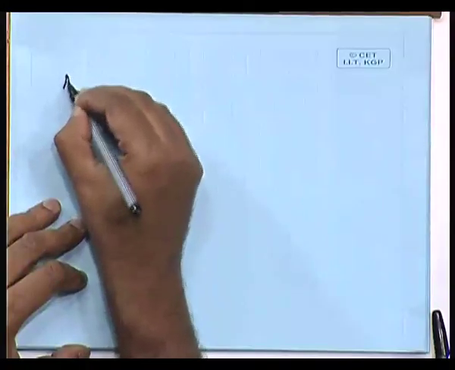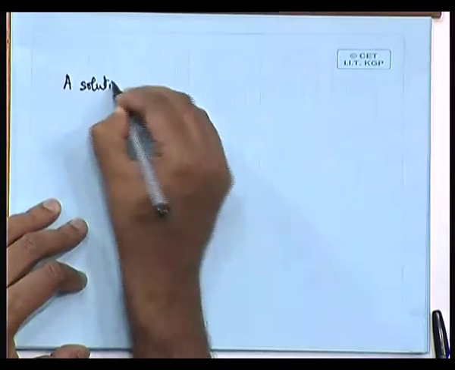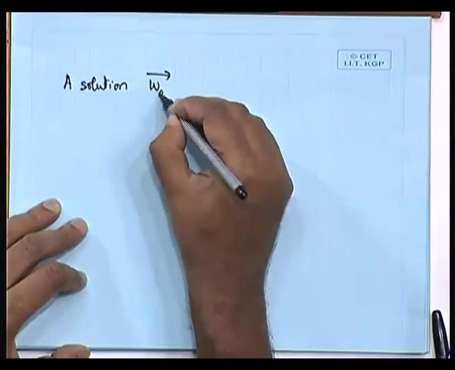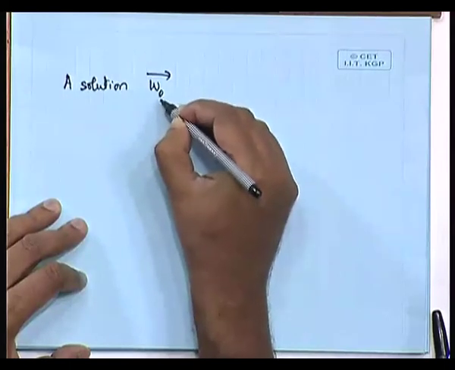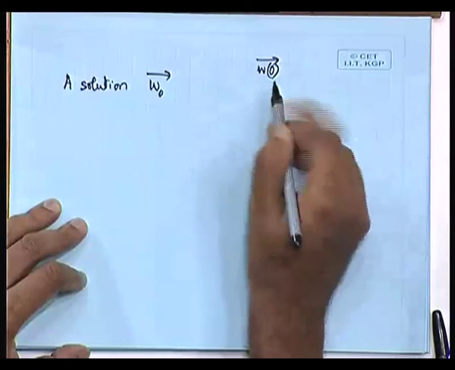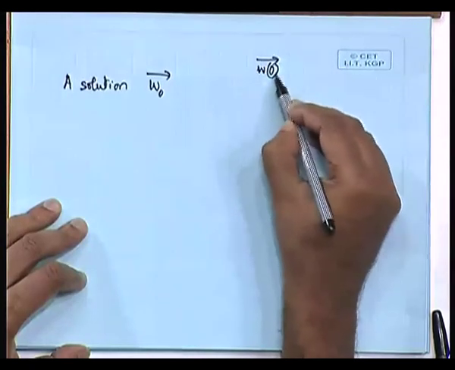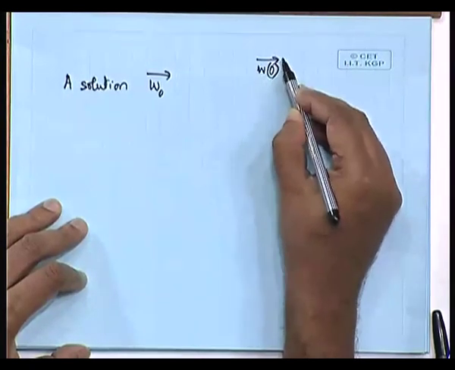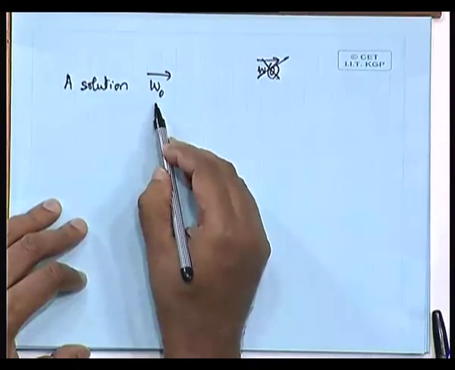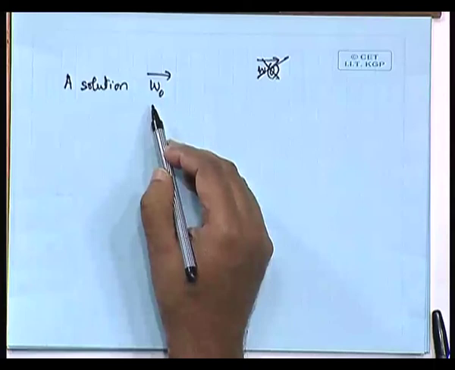So, a solution W0 exists. Here, mind you, I have put W as a suffix 0, so it is different from W0, the weight at iteration 0. Let us not make this confusion. Here W0 means some solution.